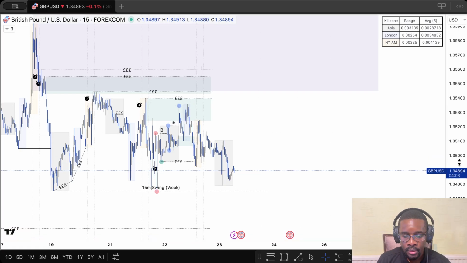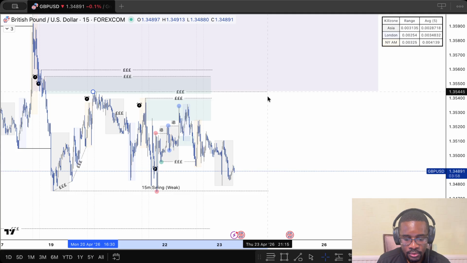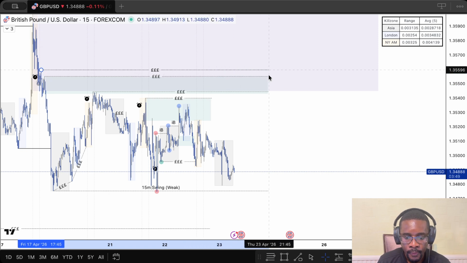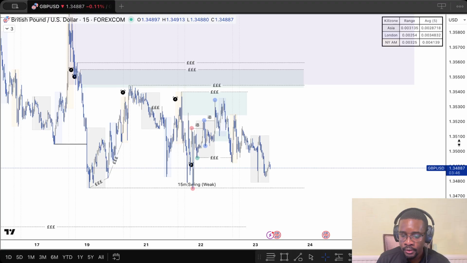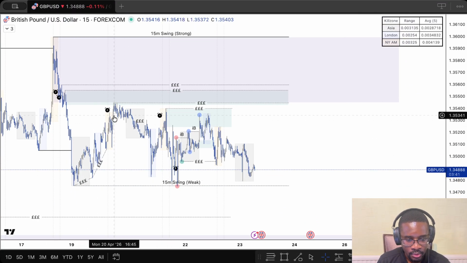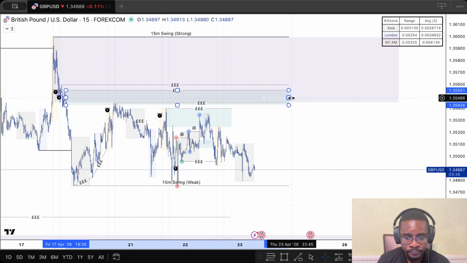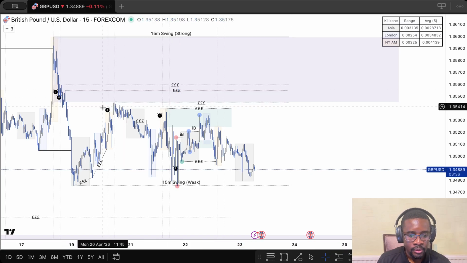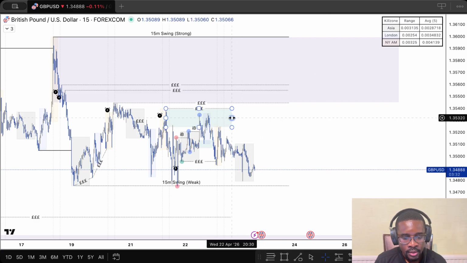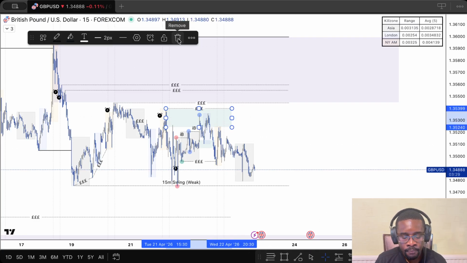Okay, then we still have liquidity to the upside that we can target if price eventually decides to start going bullish. So this is what we have, and then what else? So I've already mitigated this area, so really I won't be interested in that, except it's liquidity to be targeted, and then this area has already done its job.